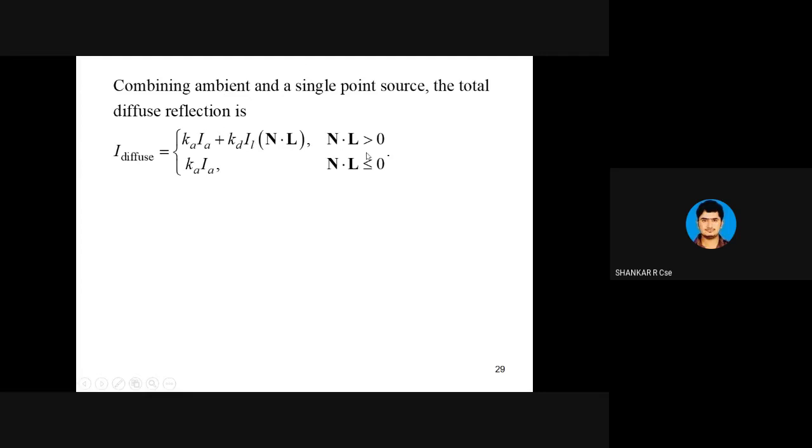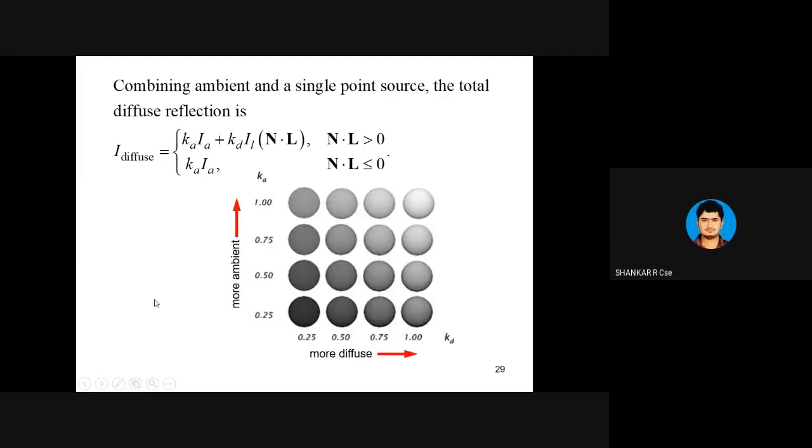If there is no diffusion, it means only ambience. You can see here, take the bottom right: more diffusion, meaning N and L greater than 0, more diffusion, less ambience. On the other hand, less diffusion, more ambient, that is N and L less than 0.